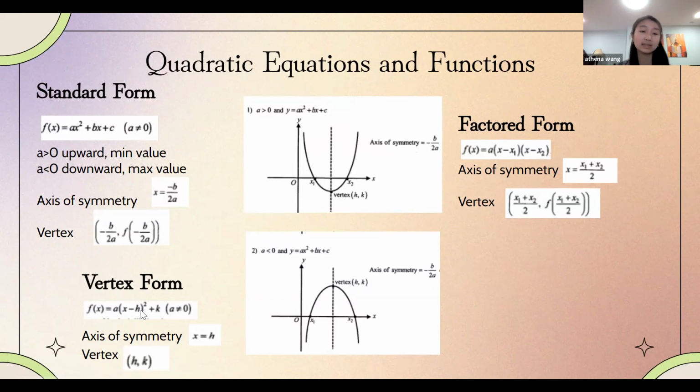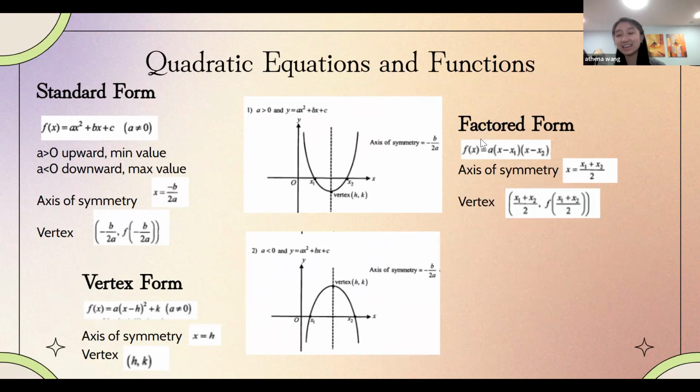So we can get this h and the k, and we can convert from the standard form to the vertex form, or we can expand out the vertex form to get the standard form. For this one, the vertex would be at h, k, and the axis of symmetry would lie on x equals h.